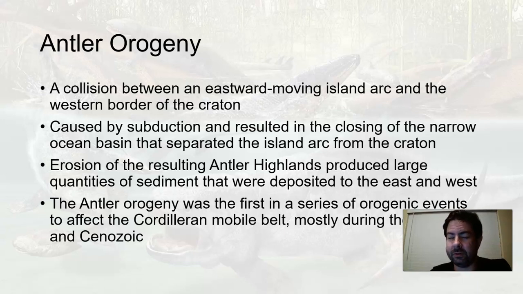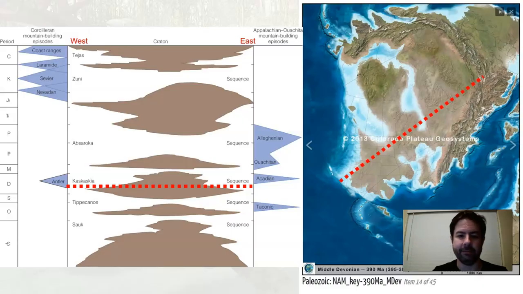So this is really just a little blip, a little initial orogenic event for the Cordilleran mobile belt on the west coast of what is now North America. We'll talk more about that mobile belt when we get to the next few units. But this is just a little taste, not to forget the west coast.